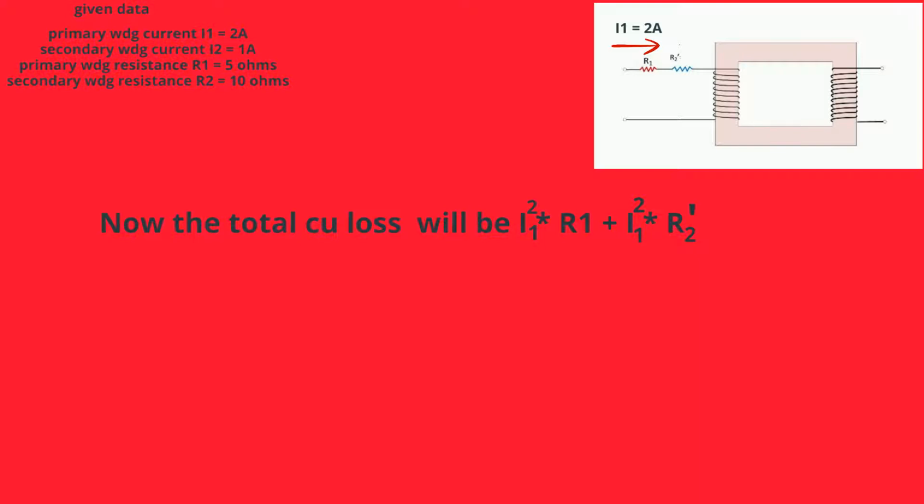And now the total copper loss will be I1 square into R1 plus I1 square into R2 dash, where R2 dash is the resistance shifted from the secondary winding to the primary winding. And this copper loss should be equal to 30 watts, which we calculated before. In a transformer, the copper loss will not change even if we shift the resistance from one side to the other.